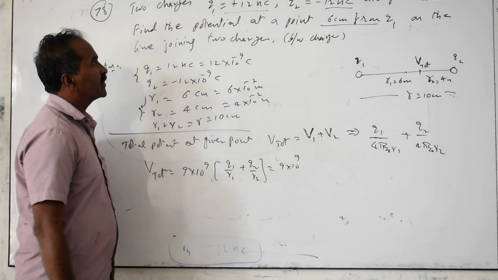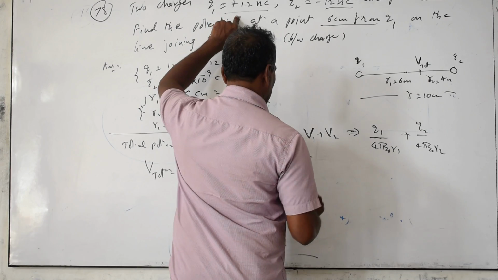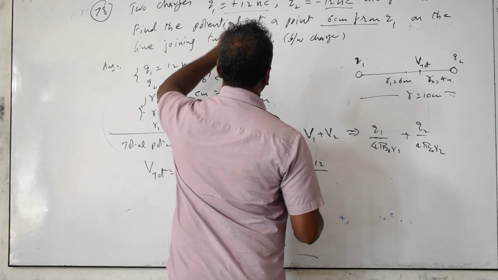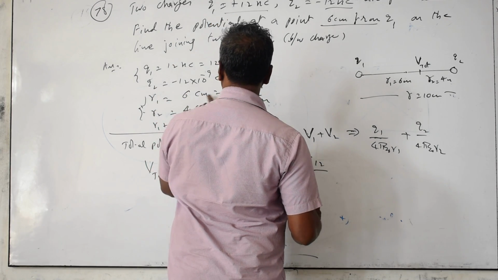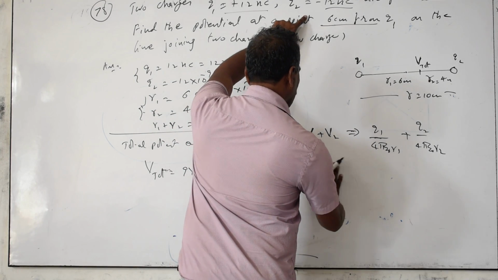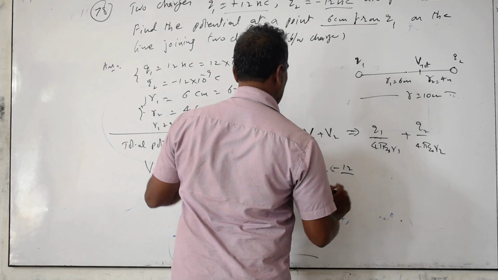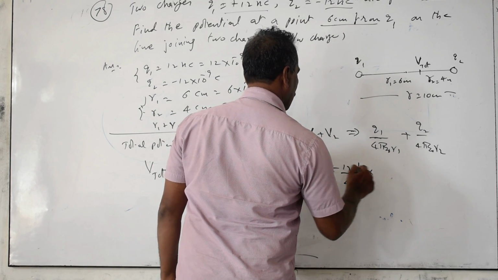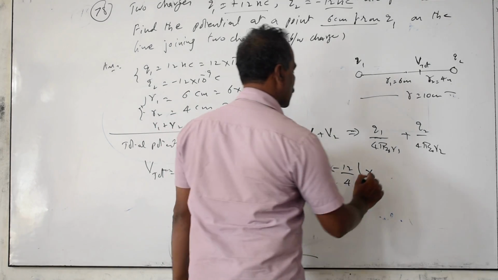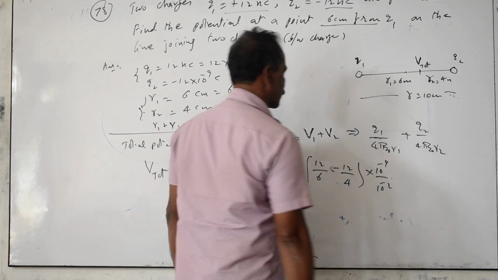Q1 is 12 into 10 to the power of minus 9, so I am just taking the values 12 by R1. R1 is 6 centimeters plus Q2 is minus 12, that is minus 12 by R2, 4 centimeters. Numerator nanocoulombs 10 to the power of minus 9, denominator centimeters 10 to the power of minus 2.